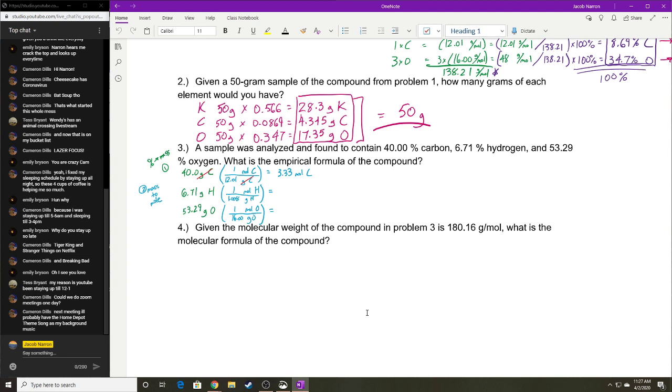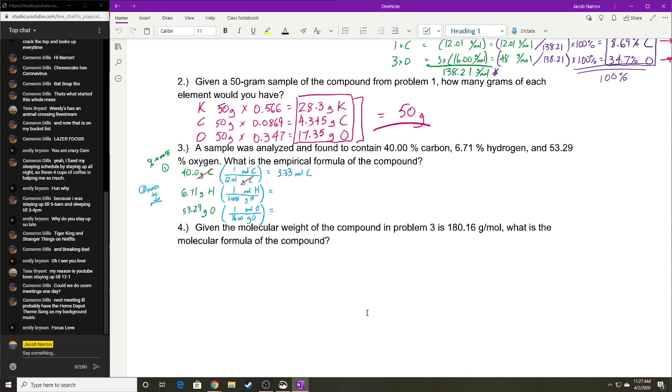Next, 6.71 divided by 1.008, and I end up getting let's just call it 6.66 moles of hydrogen. The next one, 53.29 divided by 16, and I get 3.33. Hey, this is looking very promising. We're going to go somewhere with this.